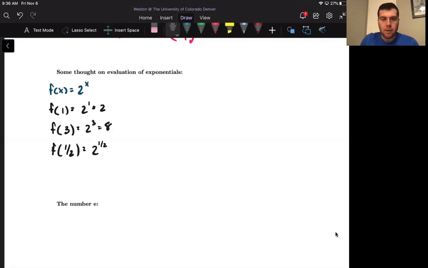But if we remember when we raise a number to a fractional power like this, this is just the same as saying the square root of 2. Similarly, f of 1/3 is just the cube root of 2.